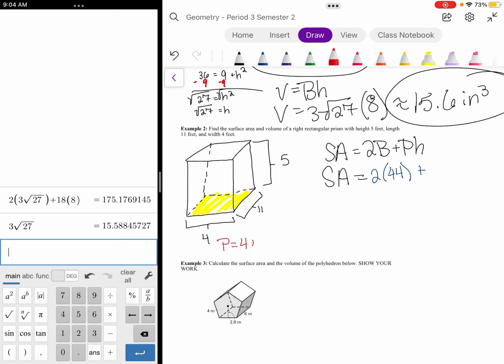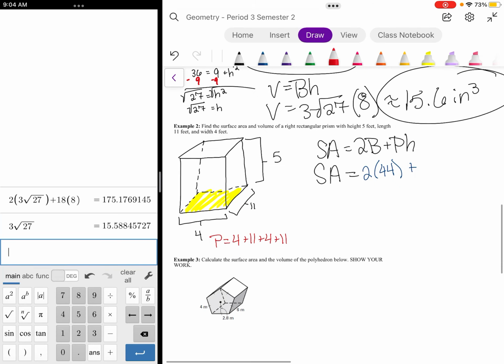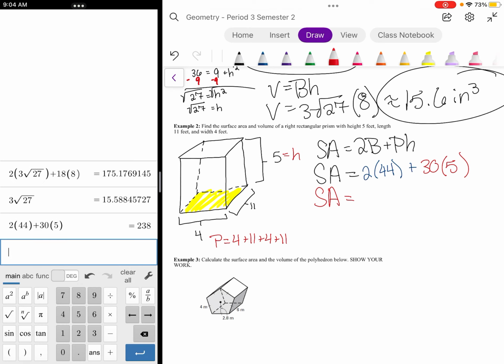We can take 4 plus 11 plus 4 plus 11, and that'll give us 30. And we already know our height is 5. And again, we can plug that into our calculator, times 5, and we'll get 238, and this one is in feet squared.